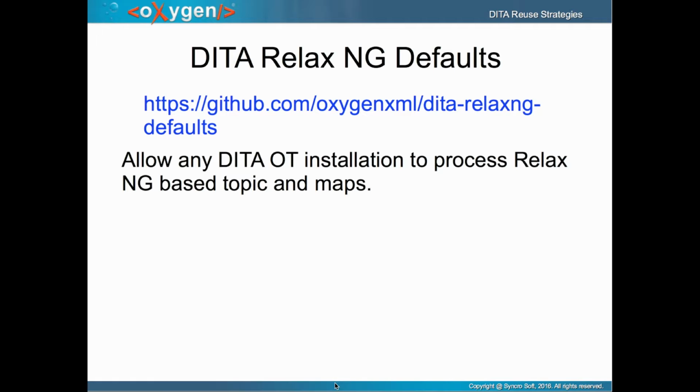So the libraries for this plugin were created by George Bina, and they allow you to publish DITA maps and DITA topics which are Relax NG based to any output with the DITA Open Toolkit. As you know, with DITA 1.3, Relax NG became the regular way in which you describe the DITA vocabulary.